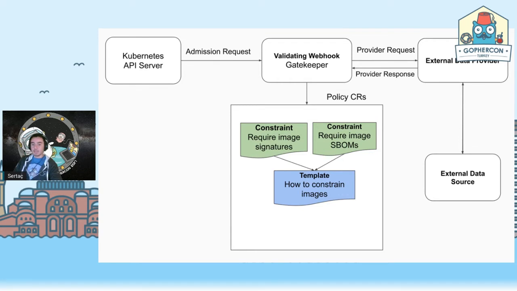In the green object labeled constraint, it tells the admin what checks they want to perform. In this case, for example, require image signatures or require image SBOMs. Constraints rely on templates, and the template is the blue object that tells the system exactly how to perform the check.